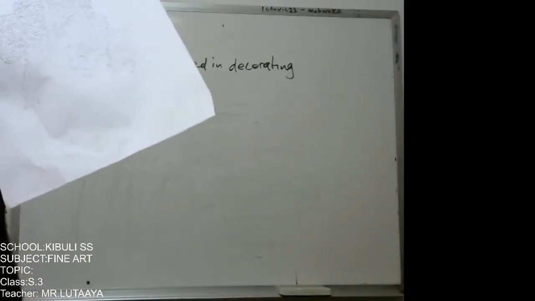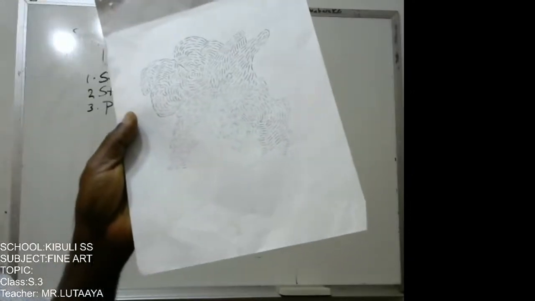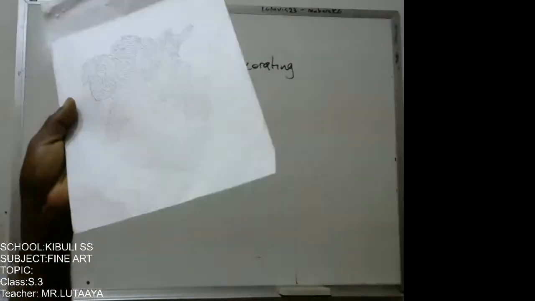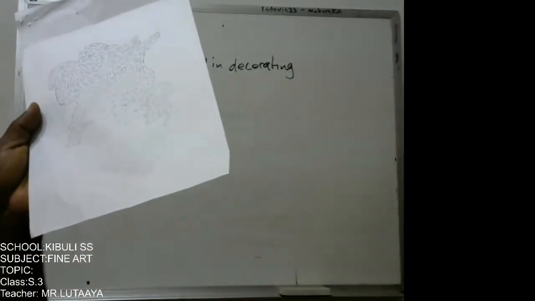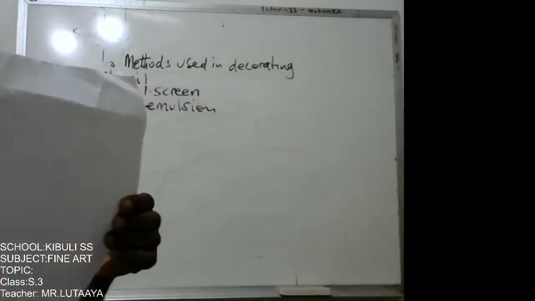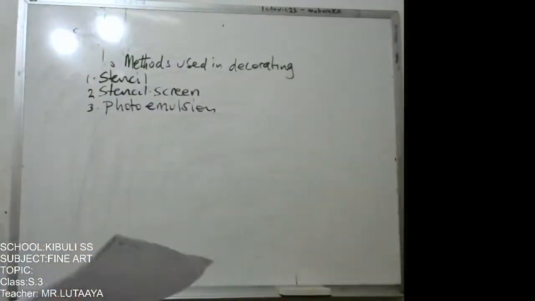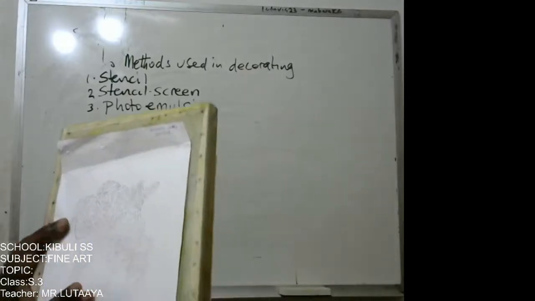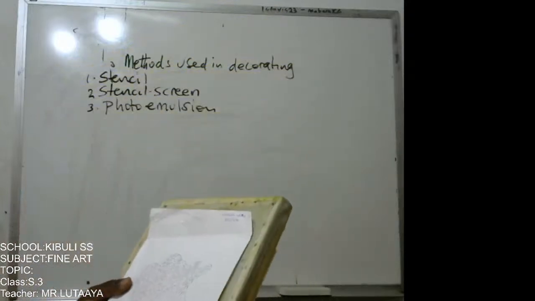After smearing, you can use a thinner. When you use a thinner, the work will remain there, but the paper will become transparent. Then place it at the back of the screen.